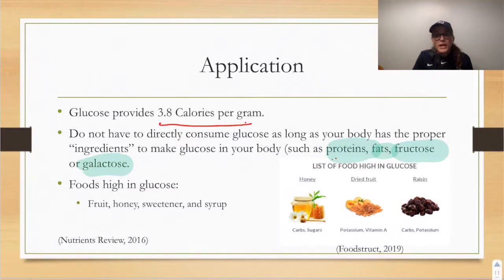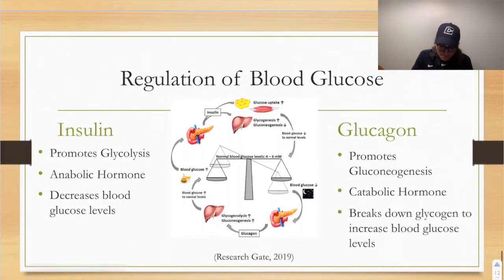Now, there are some ways that you can get glucose directly in. You can see it in the picture, specifically fruit, honey, sweetener, syrup, things like that. That would be a great way to get a direct intake of glucose. But again, it's not necessary because our body can always make it from the ingredients.